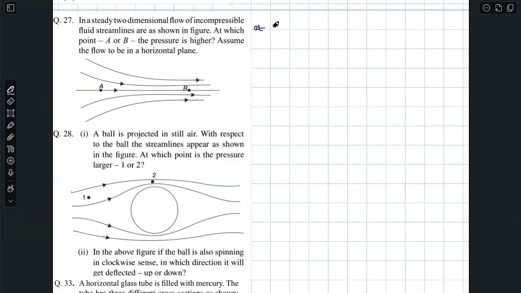I said at B, streamlines are crowded. At A, streamlines are wider.